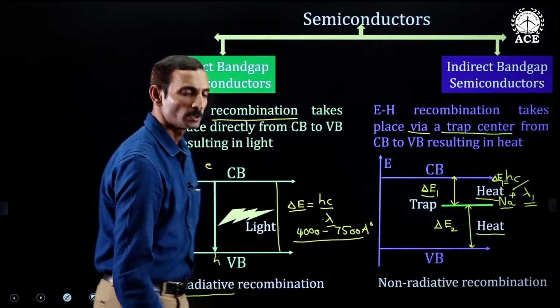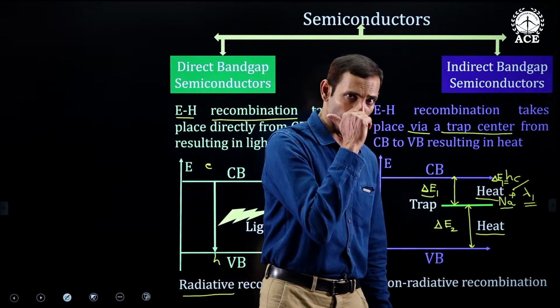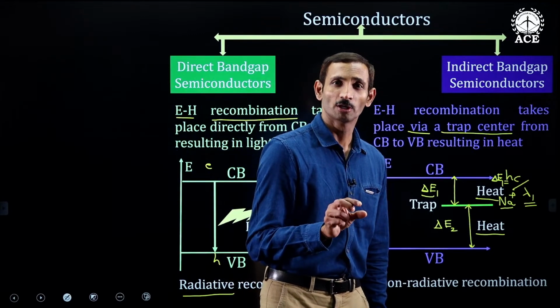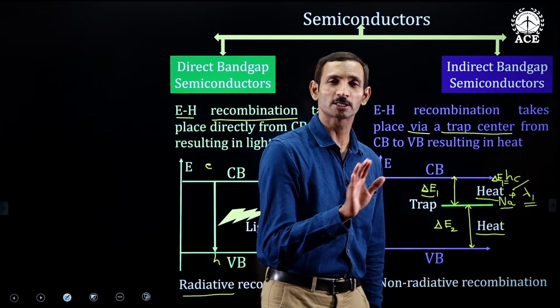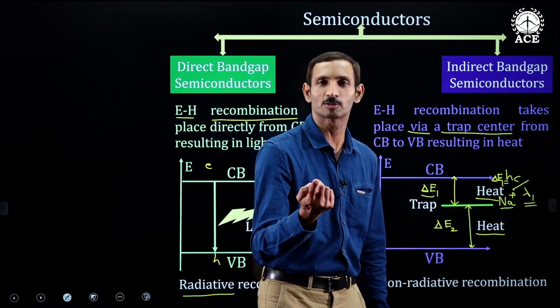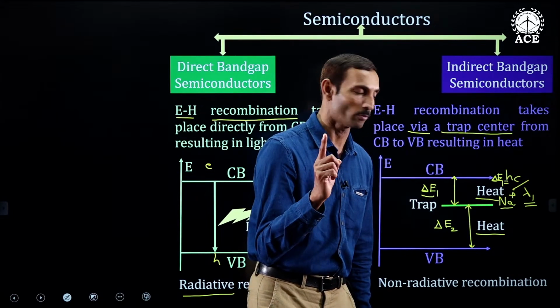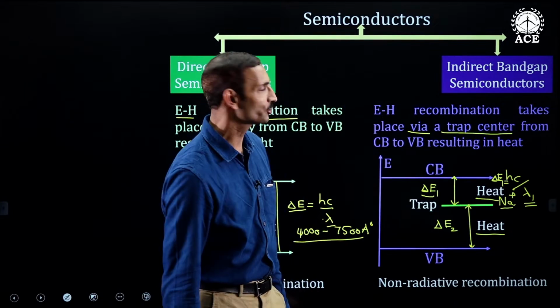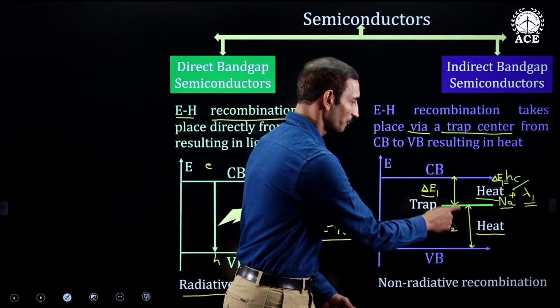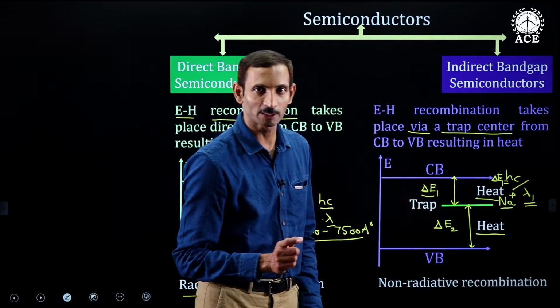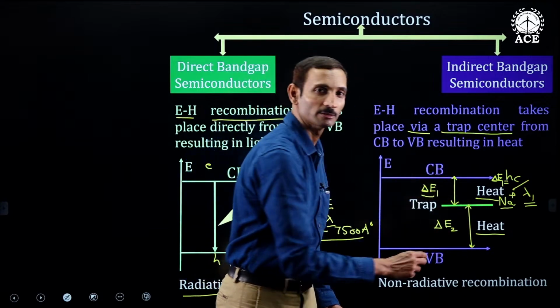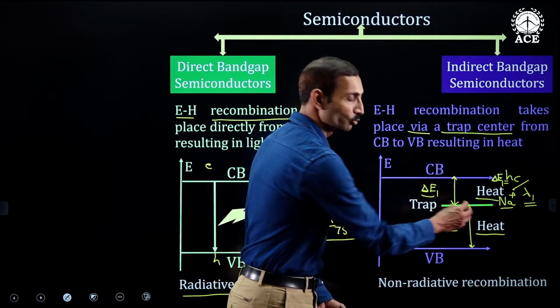Now coming to the indirect bandgap semiconductors. Indirect bandgap semiconductors are the ones in which the minimum of the conduction band does not coincide with the maximum of the valence band. That is point number 1. Corresponding to the transition, the electron transition from the conduction band to the valence band takes place via a trap center. I just considered only two particular transitions.